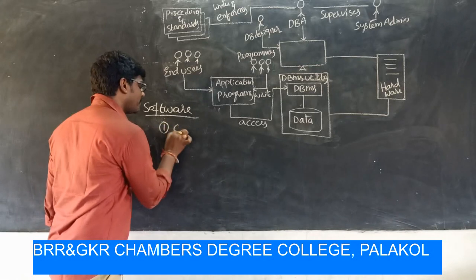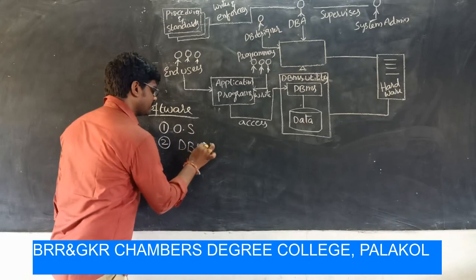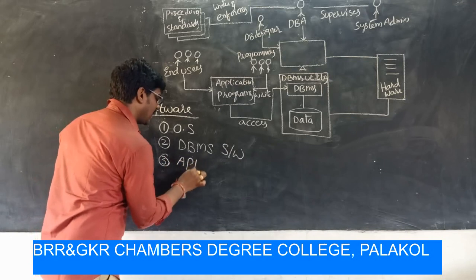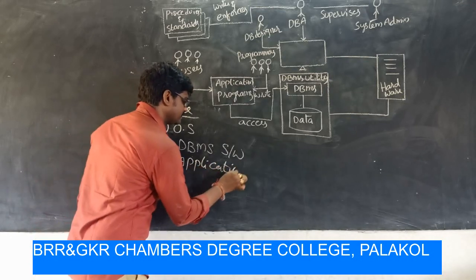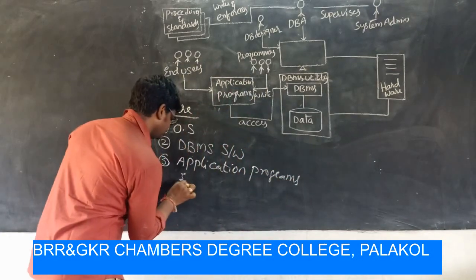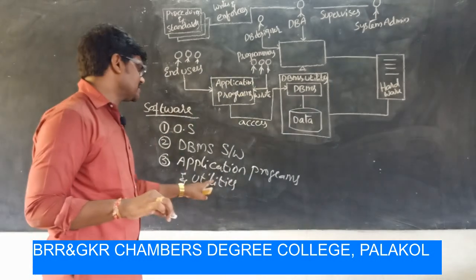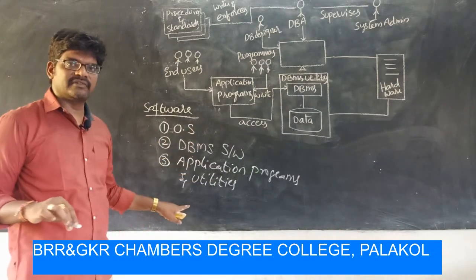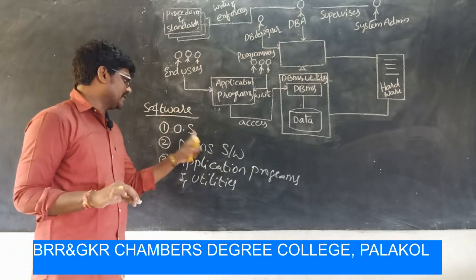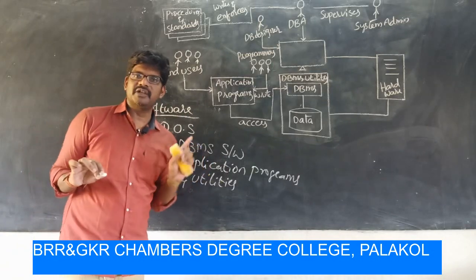First one is operating system software, DBMS software, application programs and utility softwares. There are majorly 3 types of softwares involved.